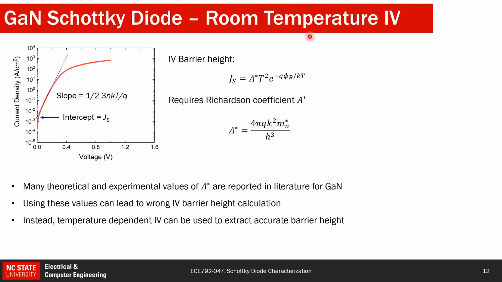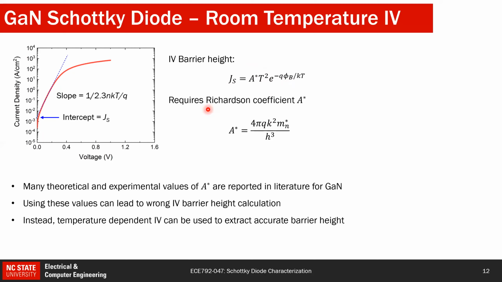And from IV measurement, we can also find the barrier height, which many people do. For that we have a value of JS, and we need a value of A star, because at room temperature we know T, so we can find the barrier height.